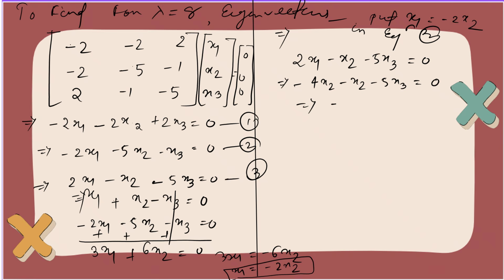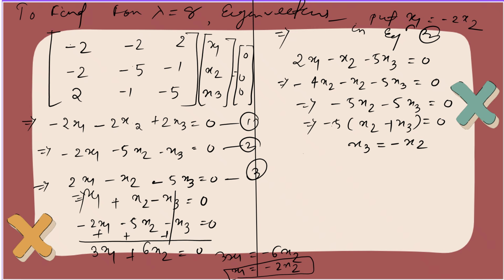That gives minus 5x2 minus 5x3, which is equal to 0. So we take minus 5 common, x2 plus x3 equal to 0. So x3 is nothing but minus x2.